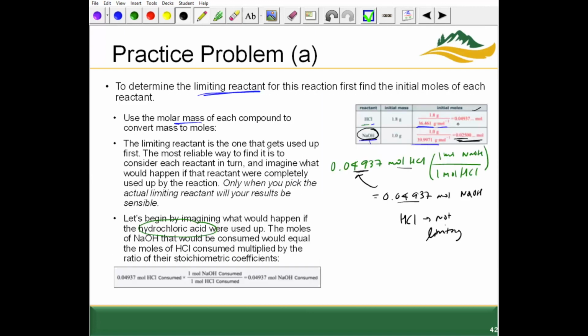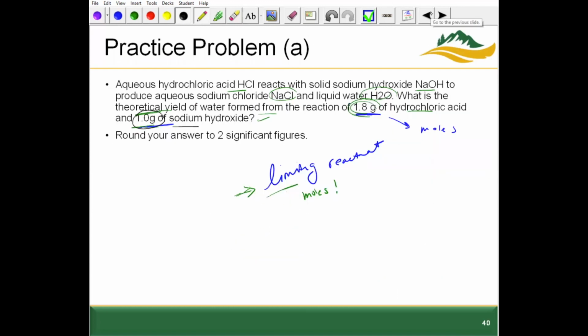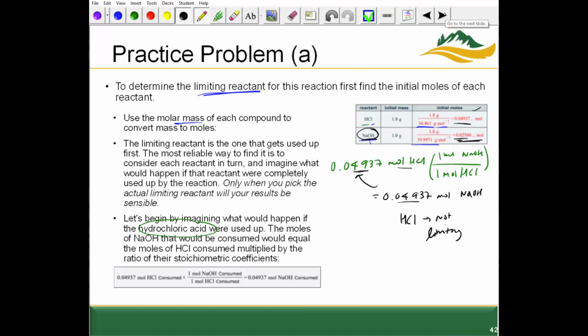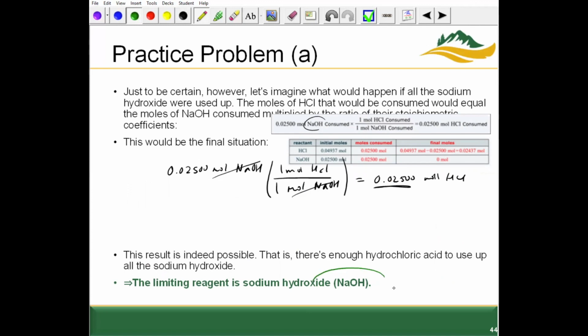Yes, we started with 0.0497 moles of HCl, again, from this mass amount here, so 1.8 grams of HCl. So we're not going to run out of HCl before we run out of NaOH, meaning that we did prove that NaOH is our limiting reactant. So we proved this here.